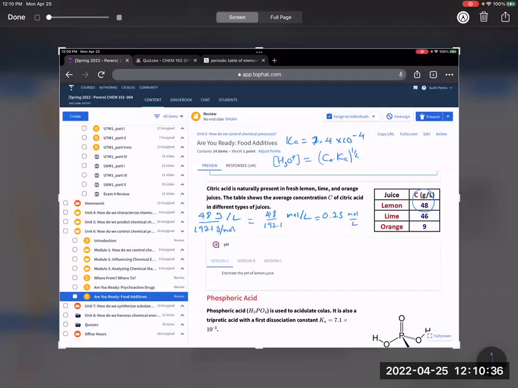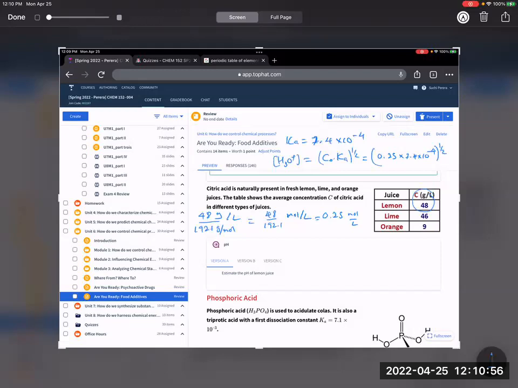So we just plug and chug these numbers now. We have 0.25, multiply this by the Ka, which is 7.4 times 10 to the power of minus 4, and take the square root of that.